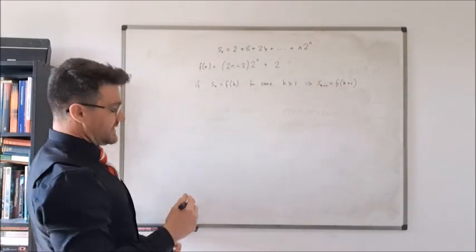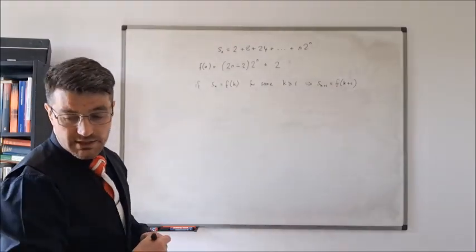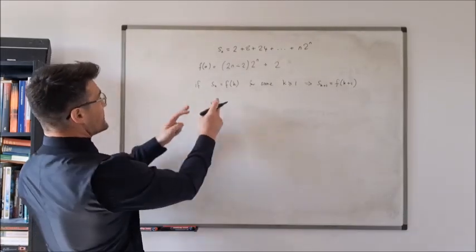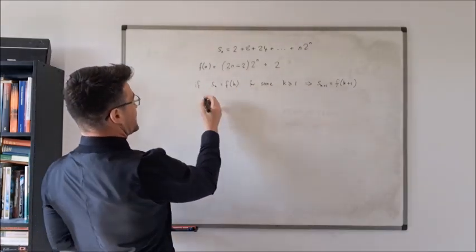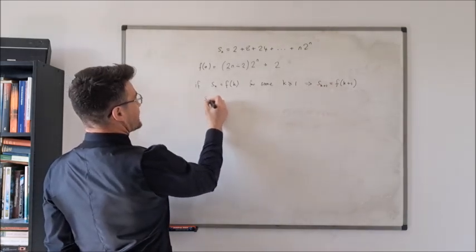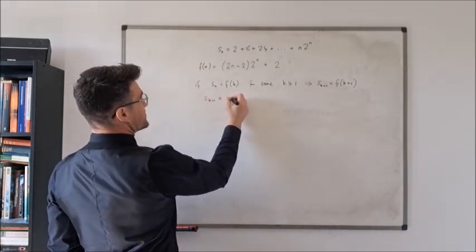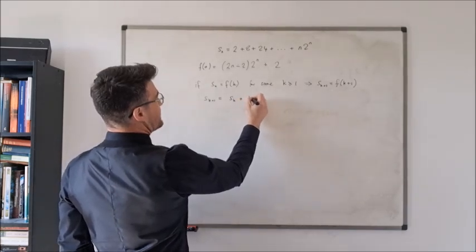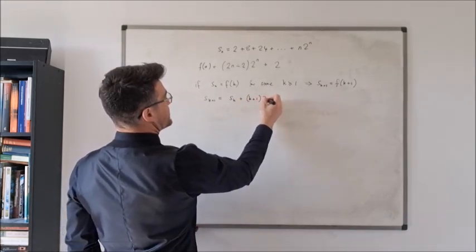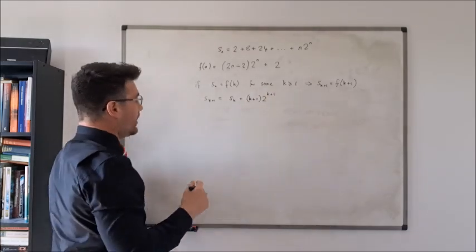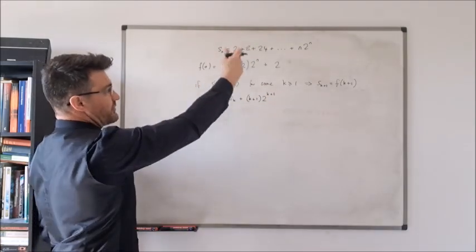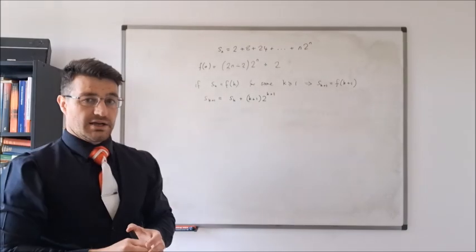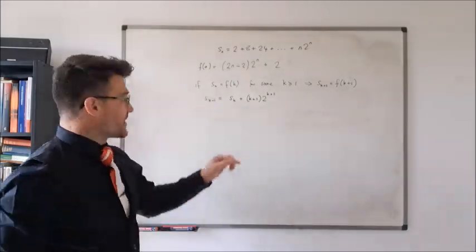So what we do then is start with, since we know that fk is equal to sk, we also know that sk plus 1 is equal to sk plus k plus 1 times 2 to the power of k plus 1. So why is this? It's because we've effectively got some sort of relationship between the consecutive terms of this sequence.